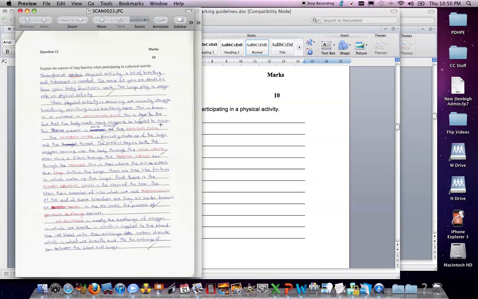This answer again shows a good understanding of what parts make up the respiratory system. They talk nicely about the gaseous exchange. The area that they haven't done as well as the previous answer is showing that relationship with physical activity, but it's a good response in terms of a good understanding of the respiratory system and how it works.